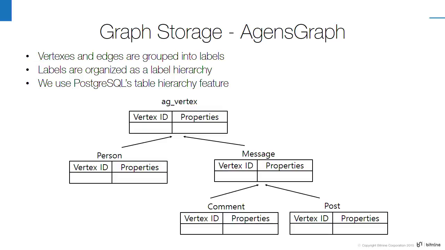And you can make a label hierarchy by using inherit options. In this example, there are 4 vertex labels, and comment and post are child labels of the message label. Using this feature, users can manage vertex data in a more structured manner.